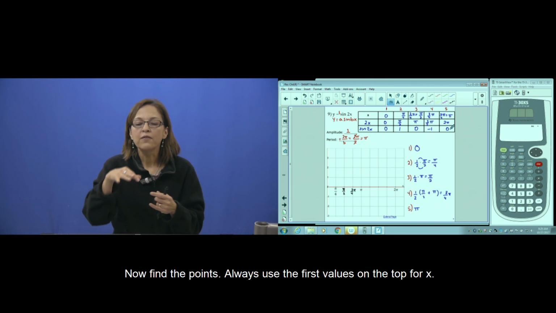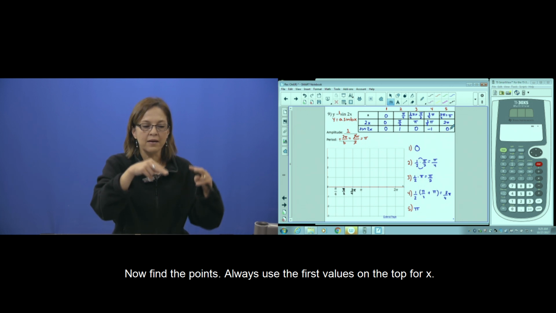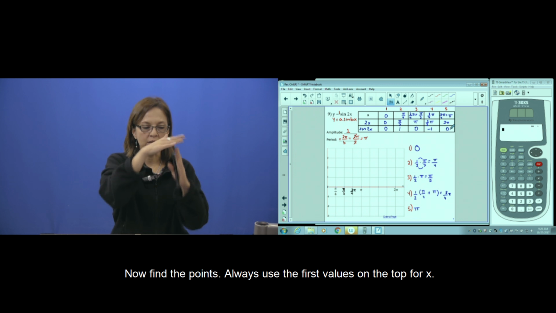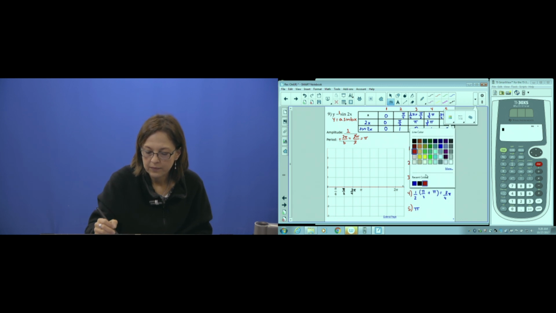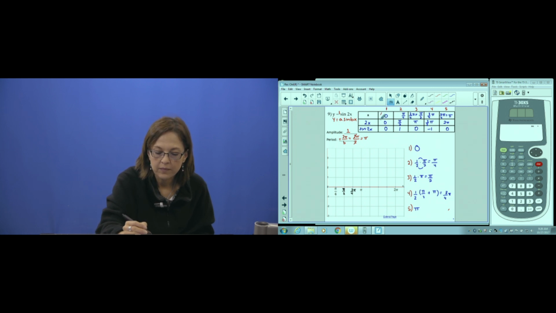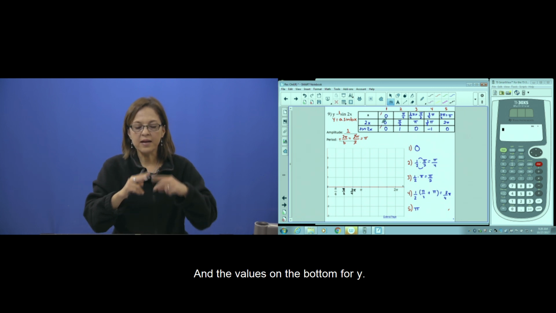Now, find the points. Use always the first value of x, the one on the top, and the value at the bottom.